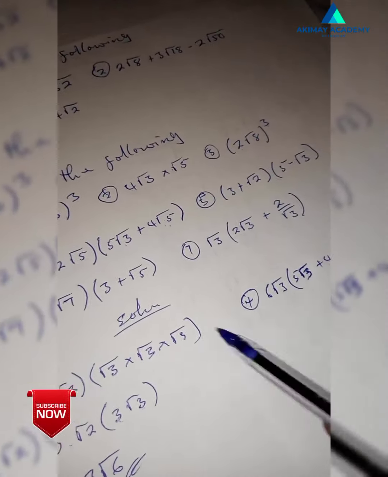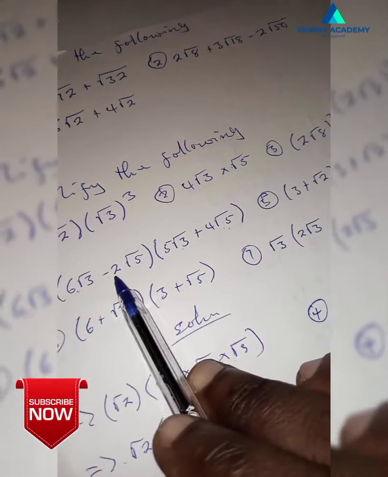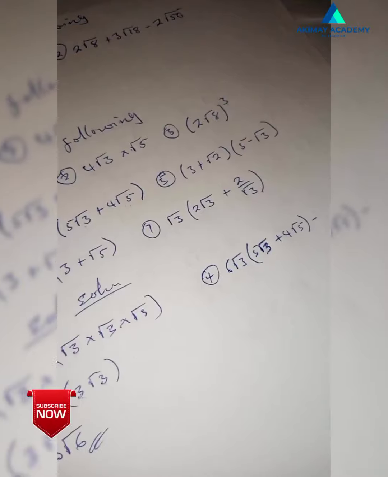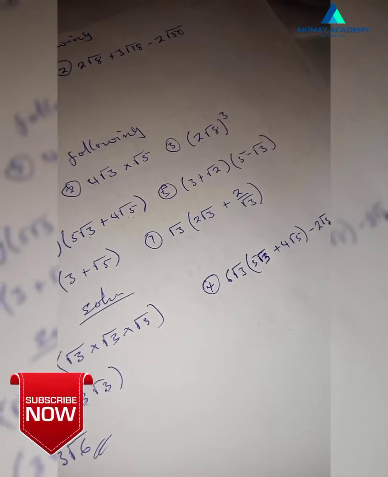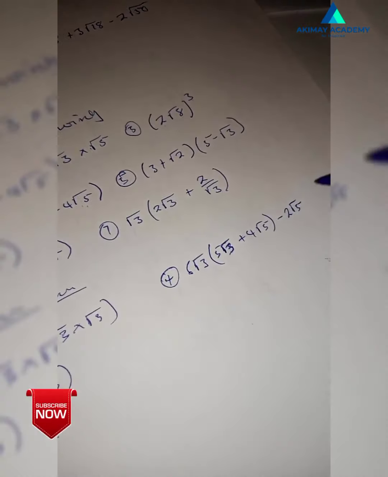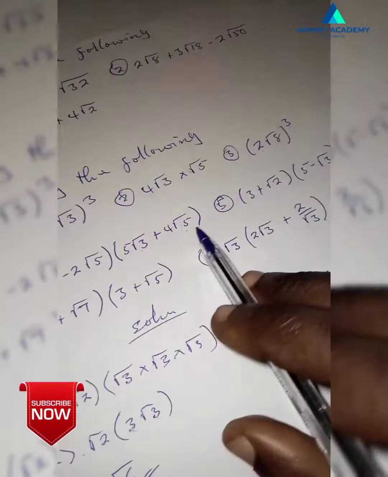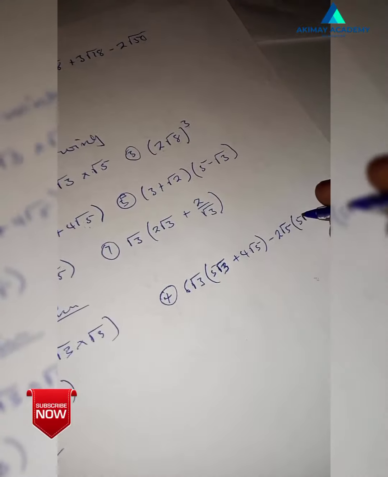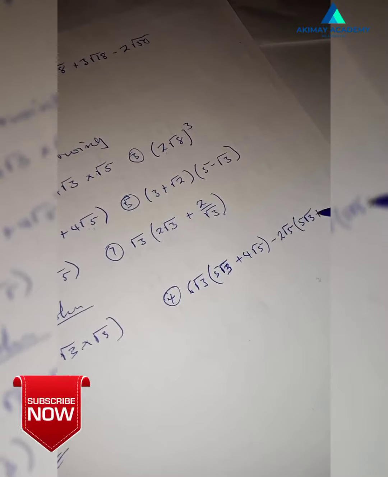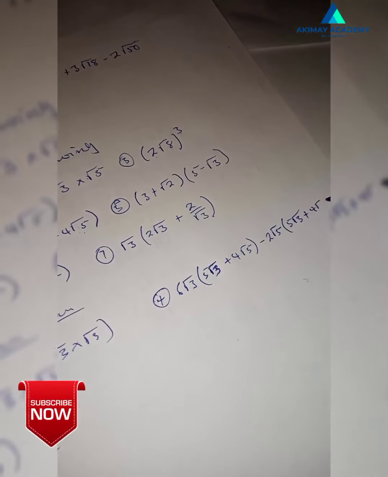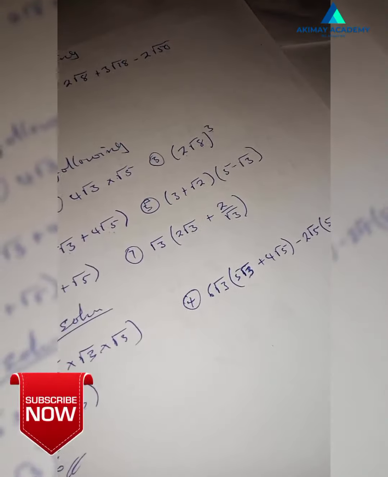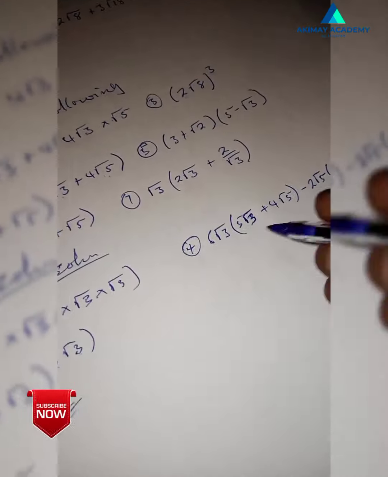Then we can come to the second section. We'll take minus 2 root 5 minus, multiply with everything over here. Root 5. You can split it like this and it will be easier for you.